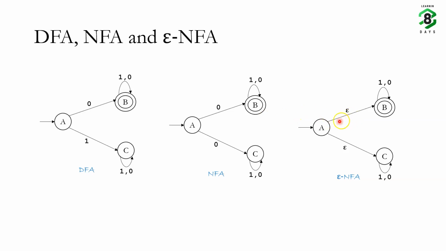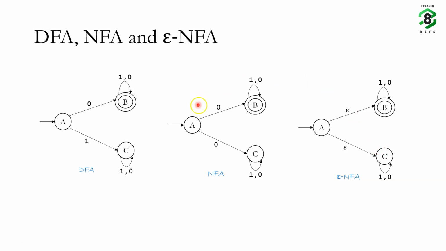So we can denote a transition from state A to state B without any input symbol, and we denote it by epsilon. Epsilon transition means there was no input symbol, yet the machine transitioned from state A to state B, or in this case even state A to state C.